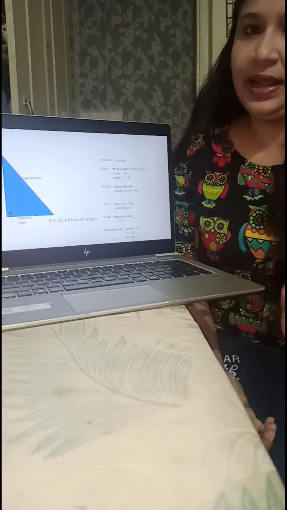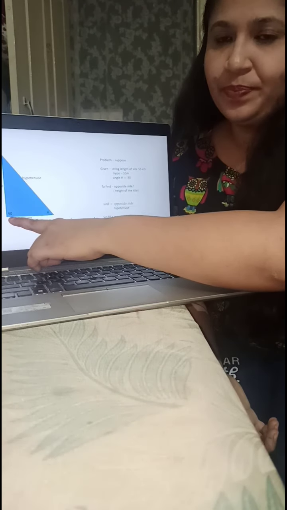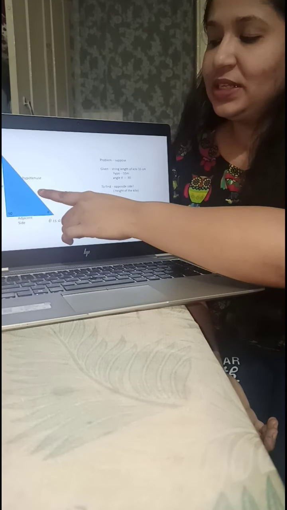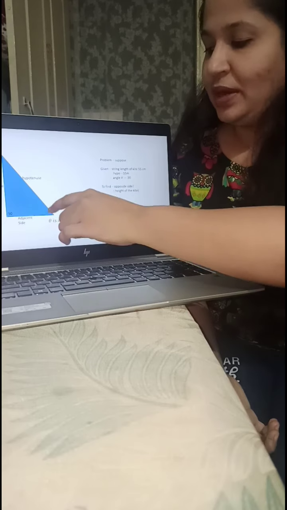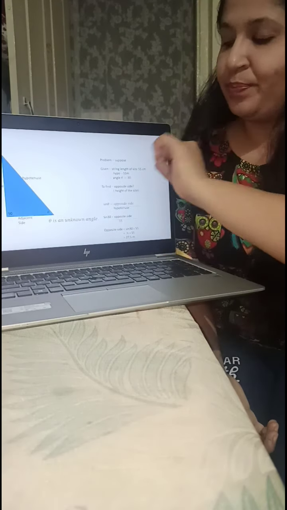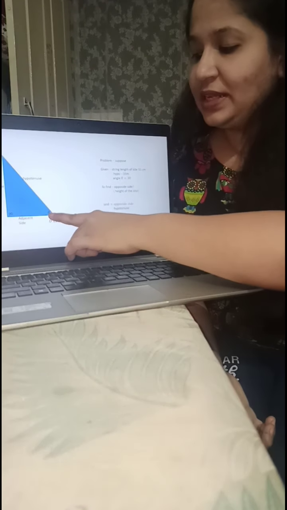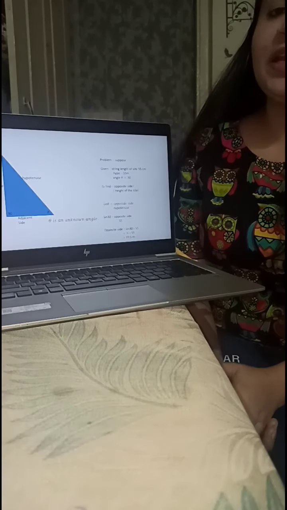Now this is a right angle triangle. In this, the angle is 90 degree. The opposite side of that, this side, is called the hypotenuse. Now the remaining two angles: suppose this angle is not equal to 90 degree, or less than 90 degree. So we consider this angle as theta. In maths, for an unknown angle, we consider it as theta.